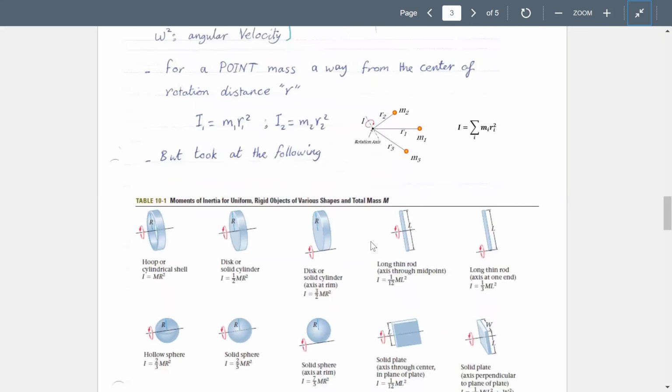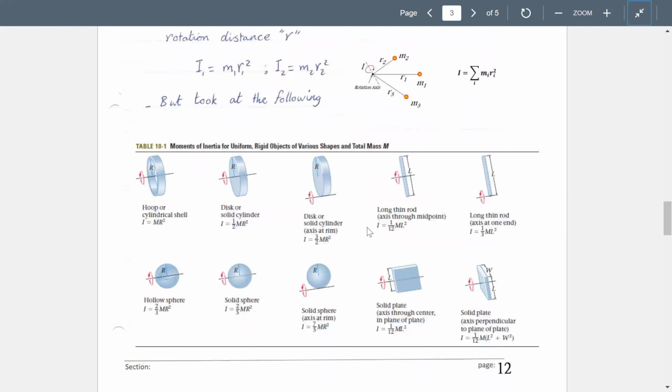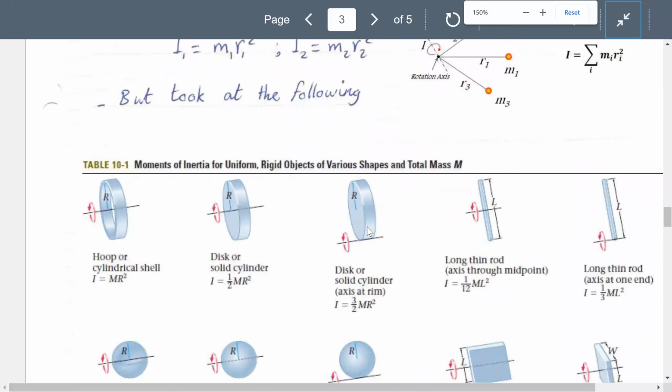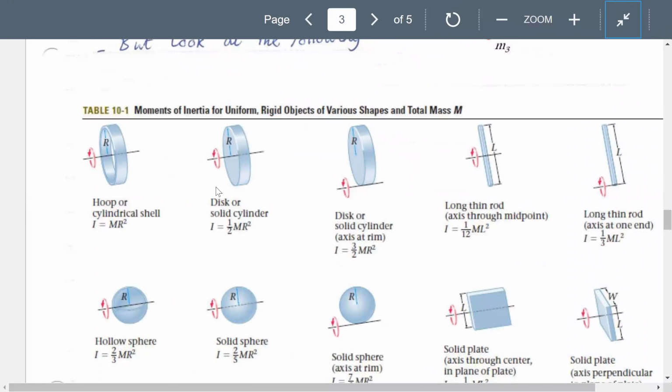But what if we have, for example, I will show you these objects. If we have this object, which is a disk rotating around an axis passing from its edge. Where is the radius? The mass is the total mass of this disk, but where is the radius?